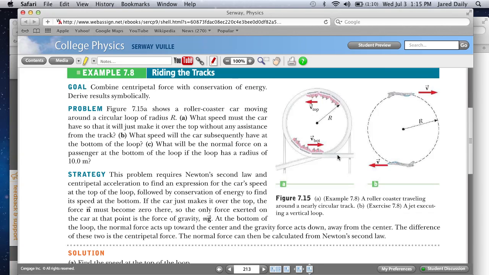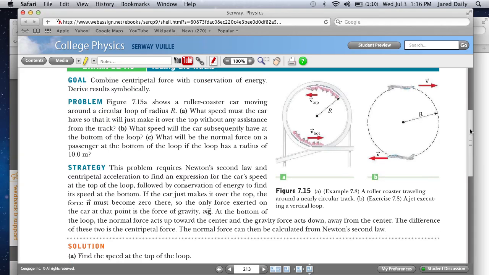And so we want to figure out what it is that we feel. What are the forces that we're going to feel at the top and at the bottom? At the top of the motion, we're going to feel our mass times gravity pulling us down, and there's a centripetal force that's actually pulling us downward as well, right?